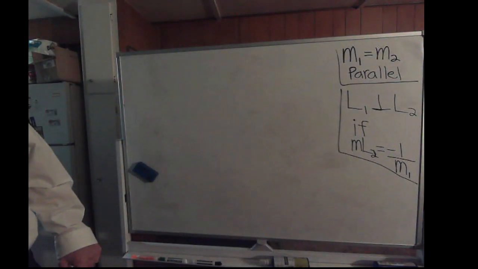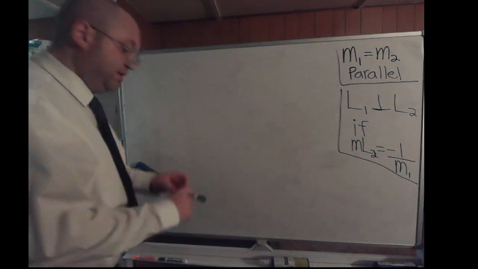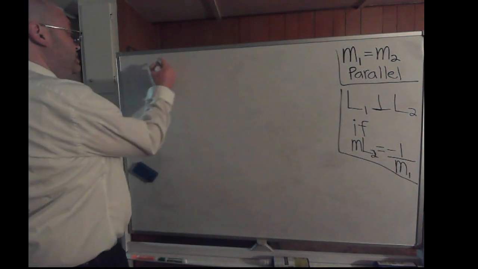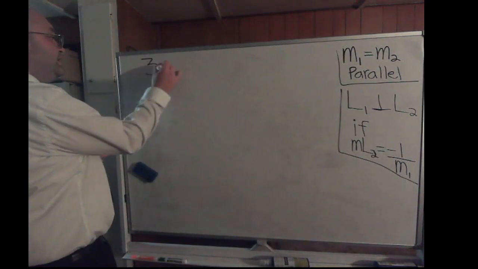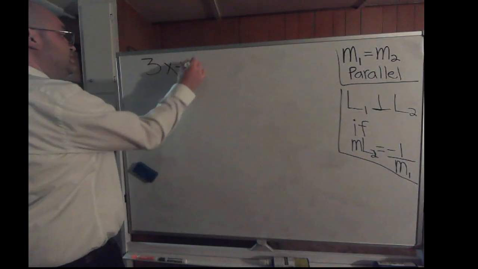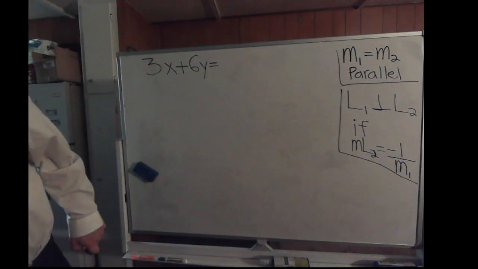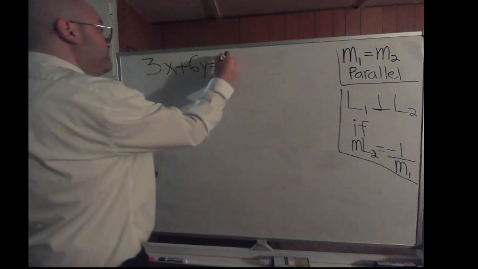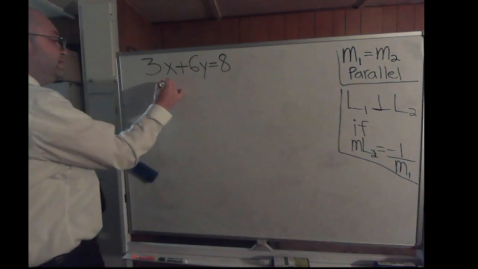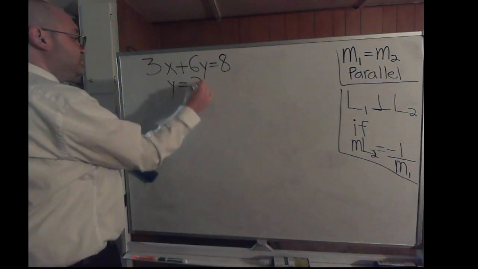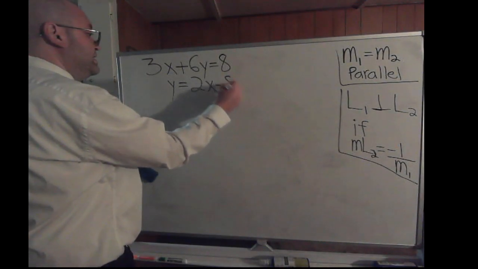So, what we're about to do here is I'm going to put up the equation of two lines, okay? We have 3x plus 6y equals 8. Then we got y equals 2x minus 8.